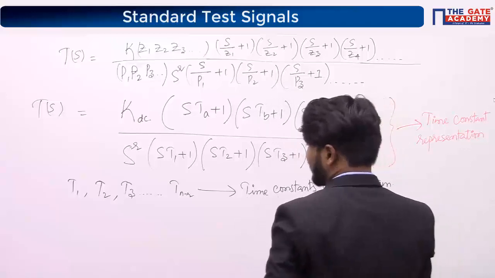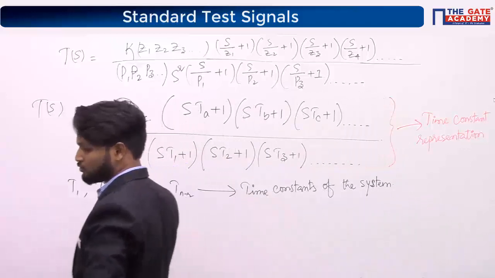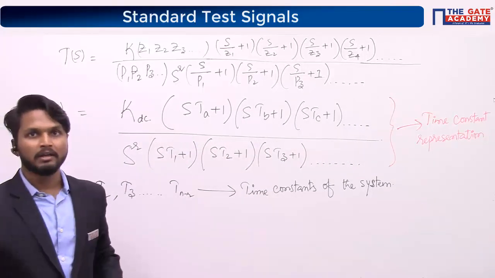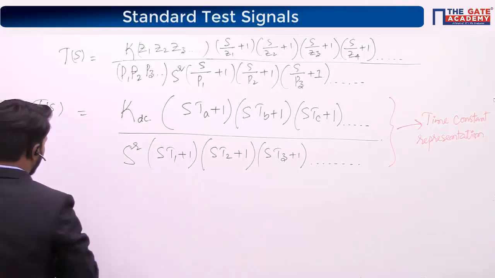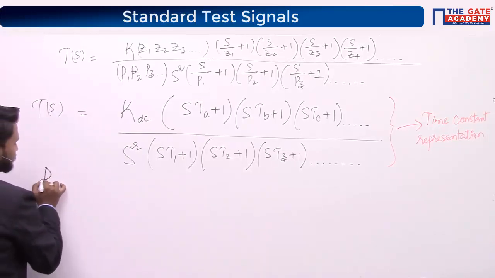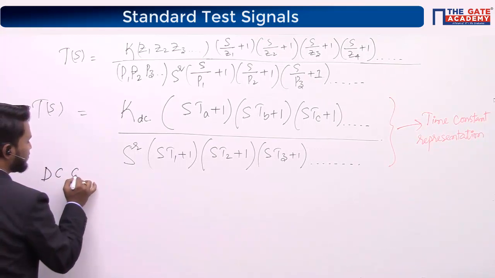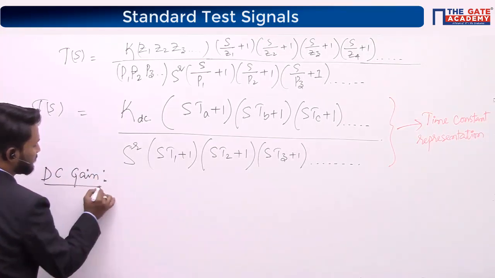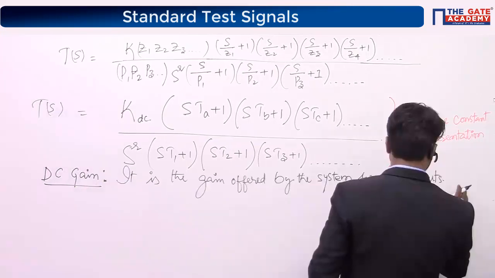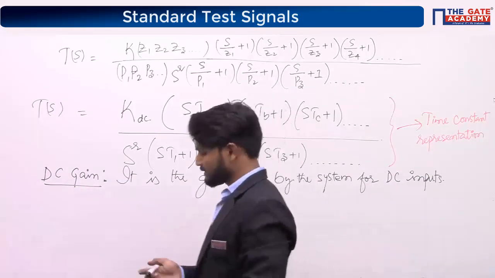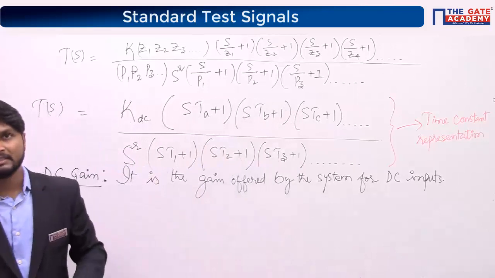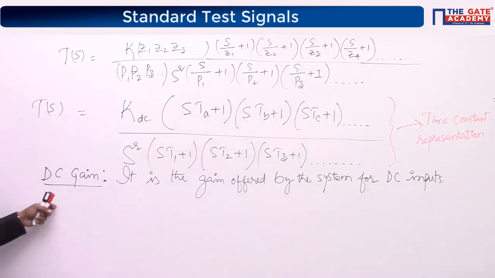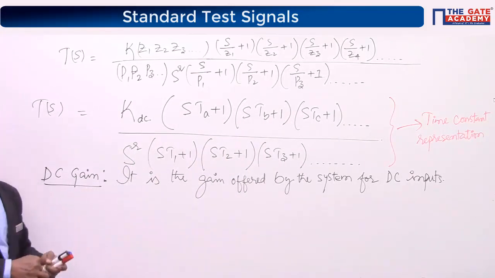First of all, take down the definition for DC gain. You should know what DC gain is, right? The DC gain is the gain offered by the system for DC inputs.